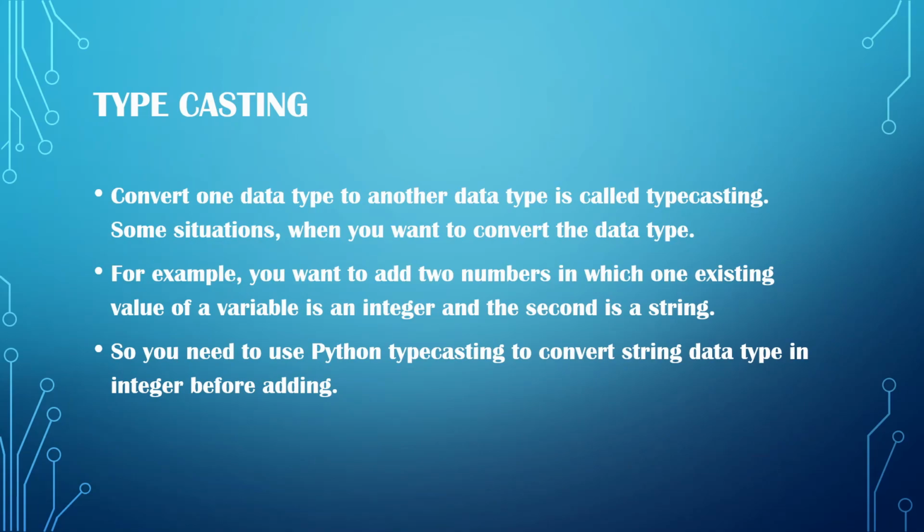Typecasting is a situation where you want to convert the data type. For example, if we want to add two numbers, we have to consider the type of value, because if one is an integer and the second is a string, we can't. So we need to use Python typecasting to convert the string data type into an integer before adding. Now let's see an example on our compiler.